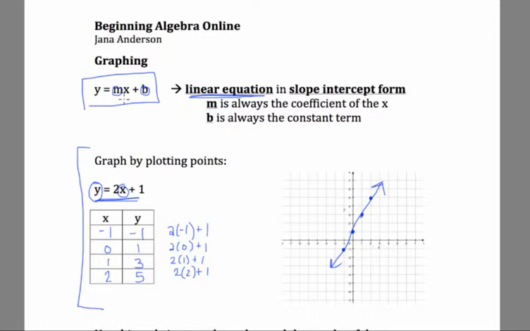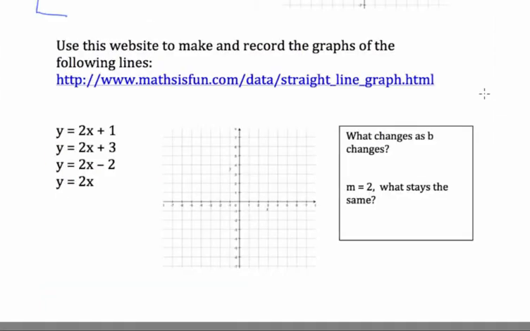The m number is always the coefficient of the x term, and the b number is always a constant term. When lines are in slope-intercept form, there are patterns to what the m and the b number control about the equation.